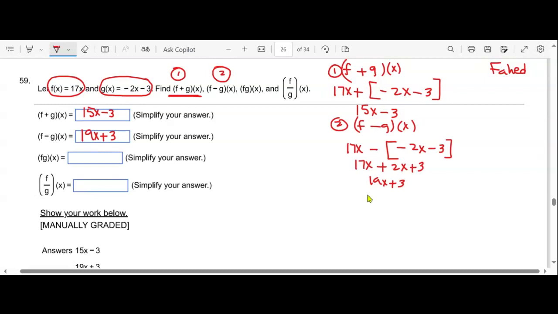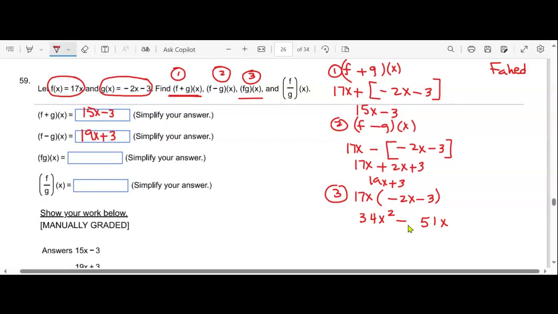Very good. Next one is going to be what? Multiplication. Number 3. Can you multiply? 17x multiplied by minus 2x minus 3. How much? Minus 34x. And 51.